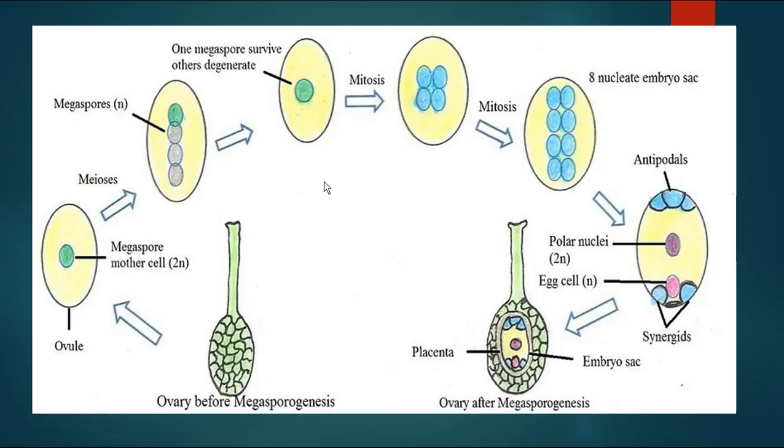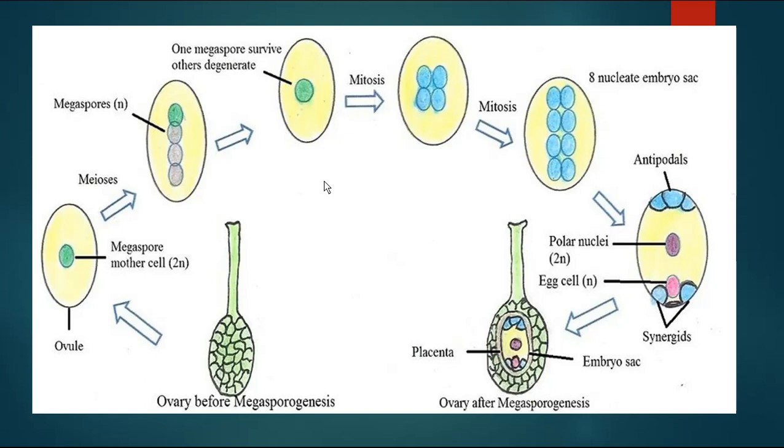Meiosis results in the production of 4 megaspores. Of the 4 megaspores, one is functional, while the other 3 degenerate. Only the functional megaspore develops into the female gametophyte. This method of embryo sac formation from a single megaspore is termed monosporic development.